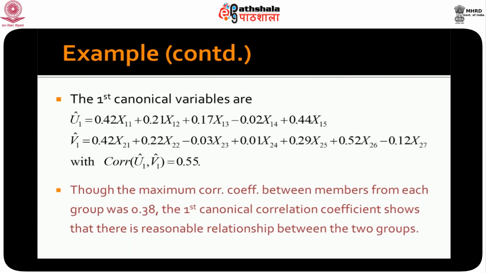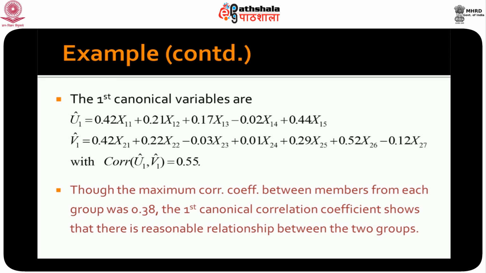And once we do that, we can get the linear combinations for the first canonical variable as u1 hat equal to 0.42 x1 plus 0.21 x2 plus 0.17 x3 minus 0.02 x4 plus 0.44 x5, that is for the first group, and v1 hat as 0.42 x6 plus 0.22 x7 minus 0.03 x8 plus 0.01 x9 plus 0.29 x10 plus 0.52 x11 and minus 0.12 x12.